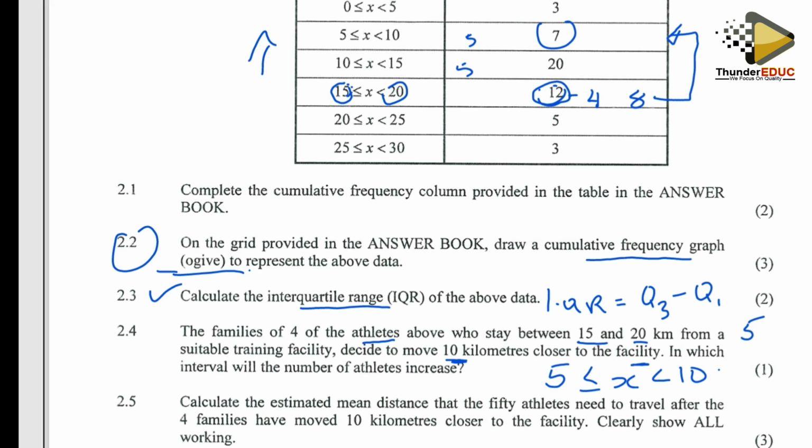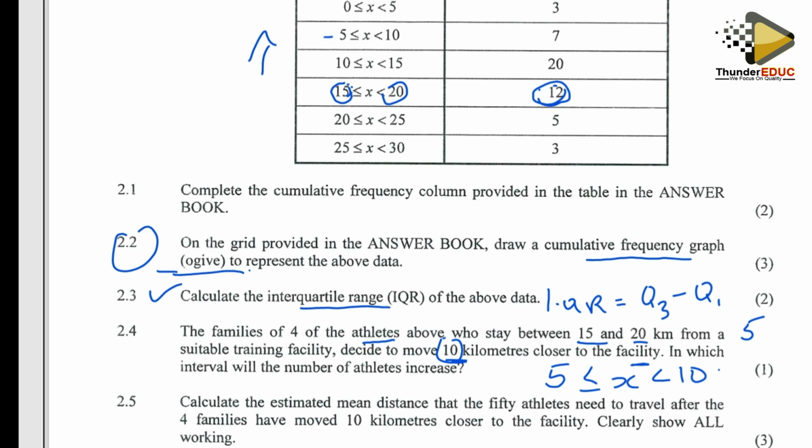Why are we saying that interval? Because they move 10 kilometers closer. Will that make sense for them to move to this point? Is the reasoning making sense? No, it's not making sense at all.